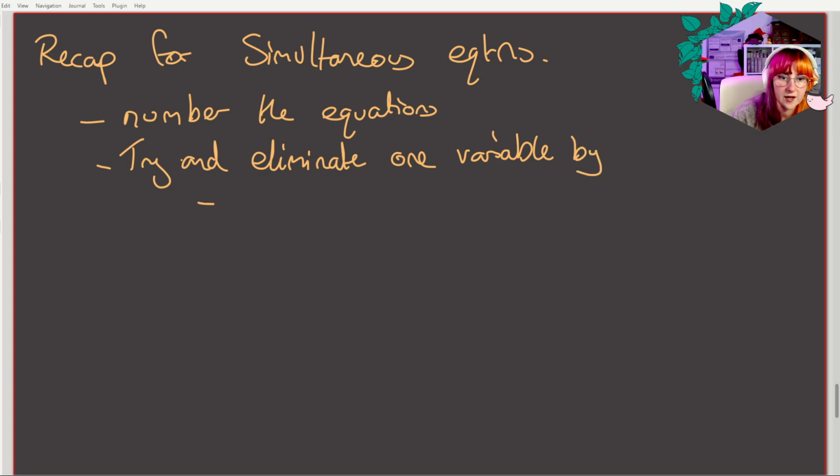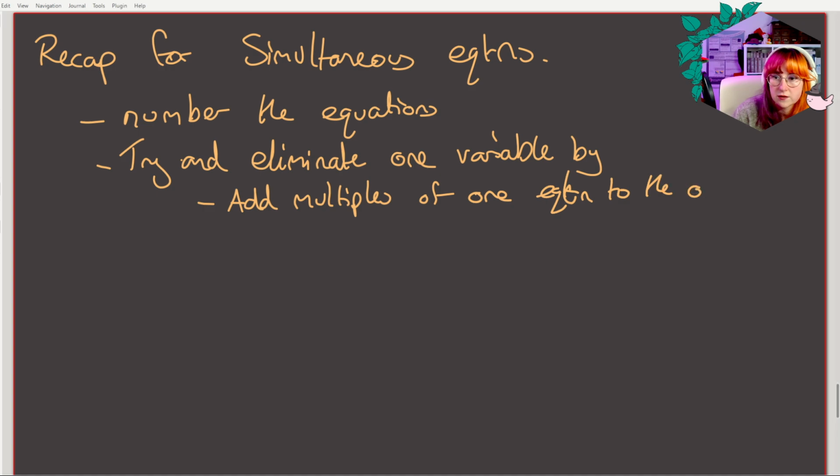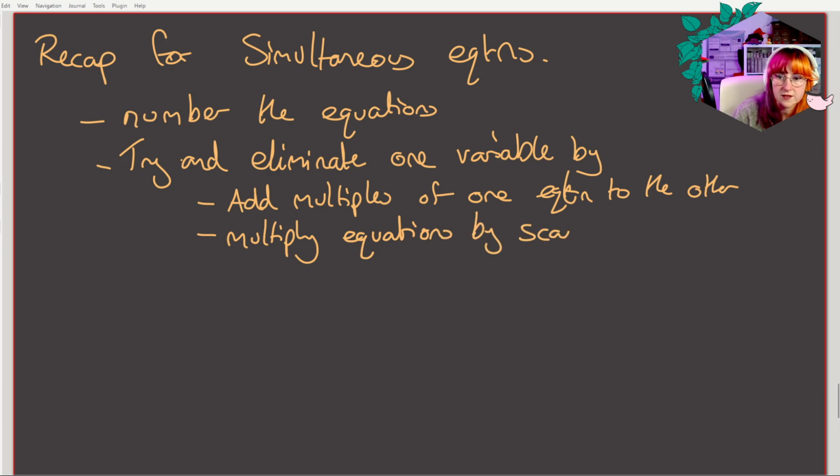So we can add multiples of one equation to the other. We can multiply equations by scalars, and we can swap equations around. Well, we don't really need that one.